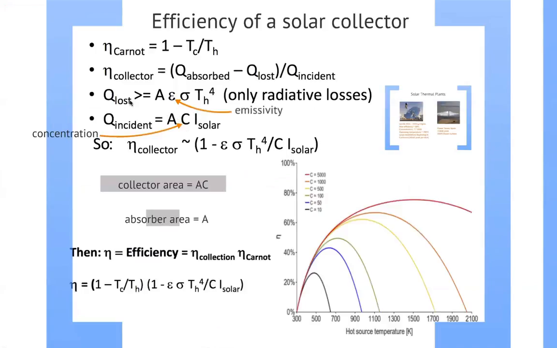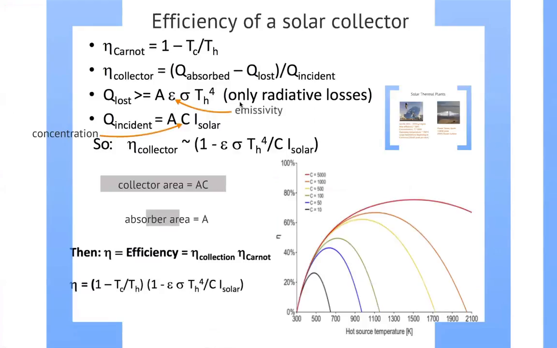The power that's lost is also related to our last lecture, which is basically the Stefan-Boltzmann law, because this solar collector can be thought of as a black body, right? So we know a black body that absorbs energy also has to lose energy by radiation, and the amount of energy lost by radiation is simply given by the area of the collector multiplied by some constant term that's less than 1.